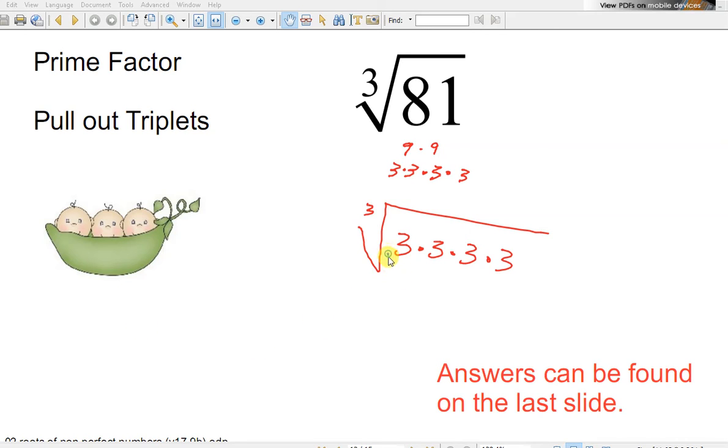So right here, there are some triplets. 3 times 3 times 3 is 27. The cube root of 27 is 3, so the triplets come out. These guys are gone. And I'm left with 3 cube root of 3.